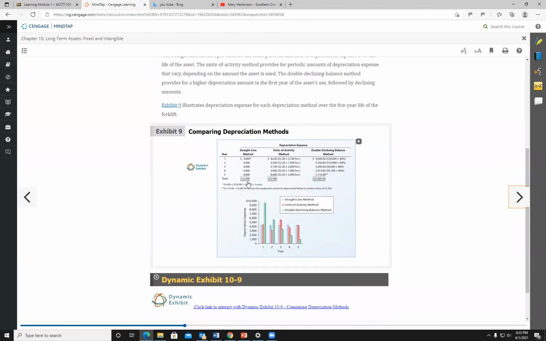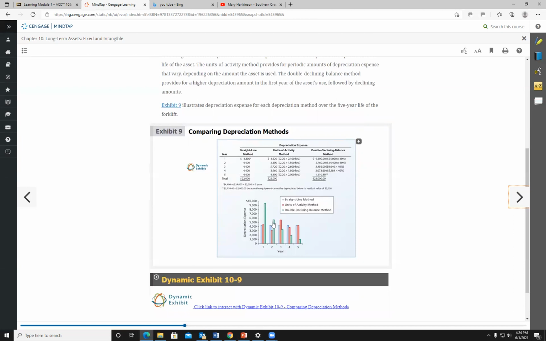So here, it shows you, I like this one. I like anything that's colorful. So in the blue is your straight line. As you can see in the blue, it's the same amount every single year. The green is your double declining.